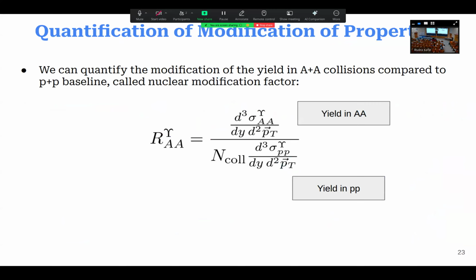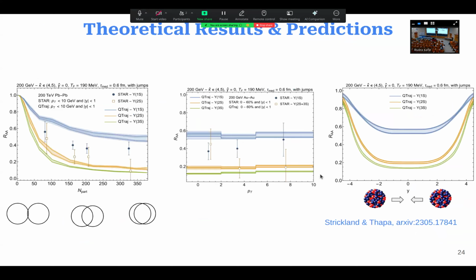And as a theorist, you have to predict the experimental observables from the theory. And one experimental observable is how modified the yield of these different states is in the large collision systems compared to the small proton-proton collision systems. And this modification can be quantified, right? And we can calculate that modification, for example, this is for lead-lead collisions.